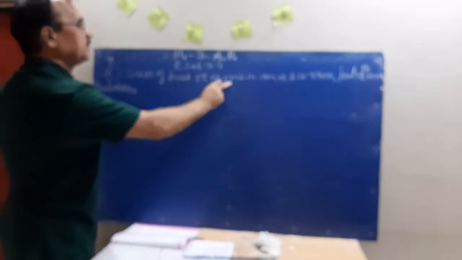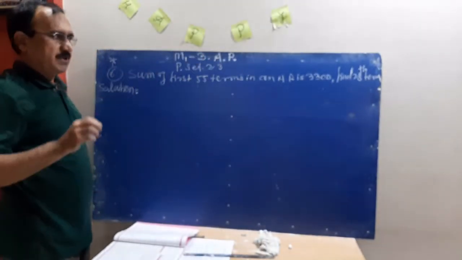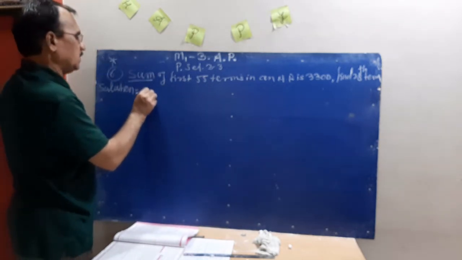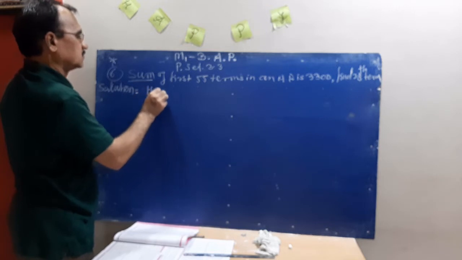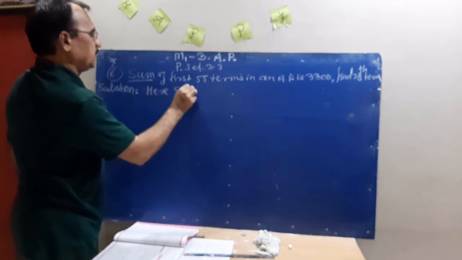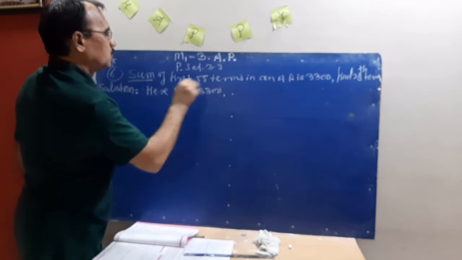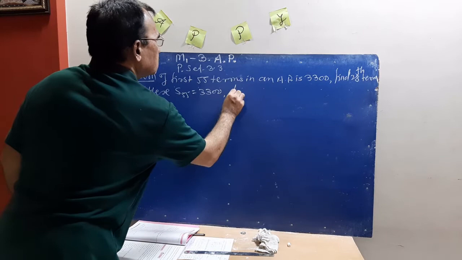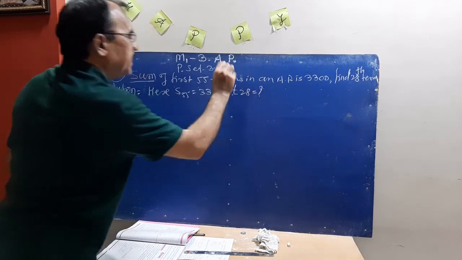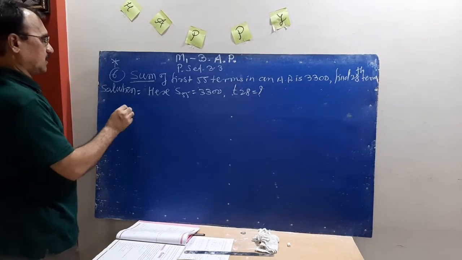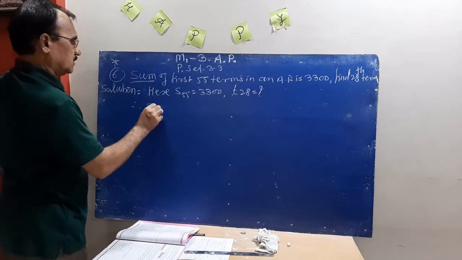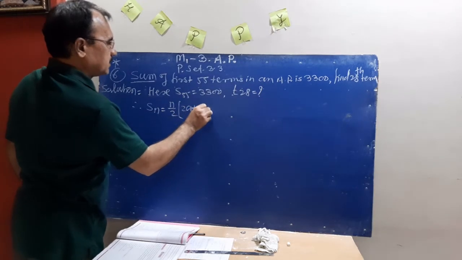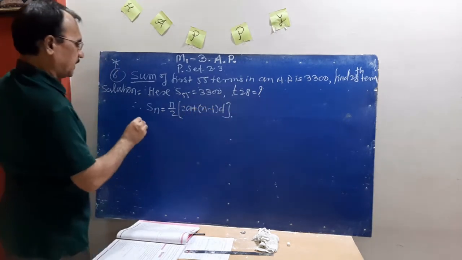The sum of the first 55 terms is already given, which means we have to use the formula of the sum. We know here S55 is equal to 3300, which is given, and T28 is the required term. Therefore Sn is equal to n by 2 in bracket 2a plus n minus 1 into d.